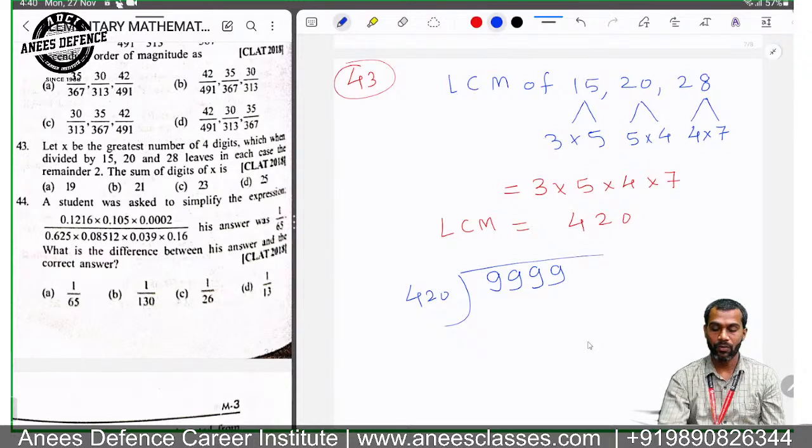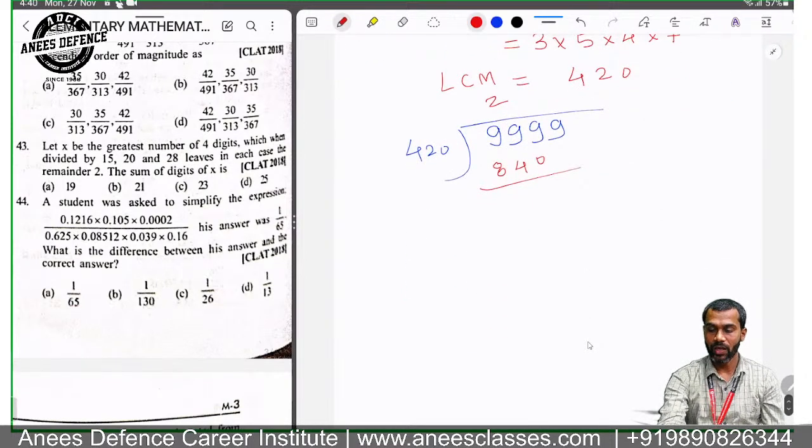11 we are getting. Okay. See, what is double of 420? 840. Yes or no? 9 minus 0 is 9. 9 minus 4 is 5. And here 1.